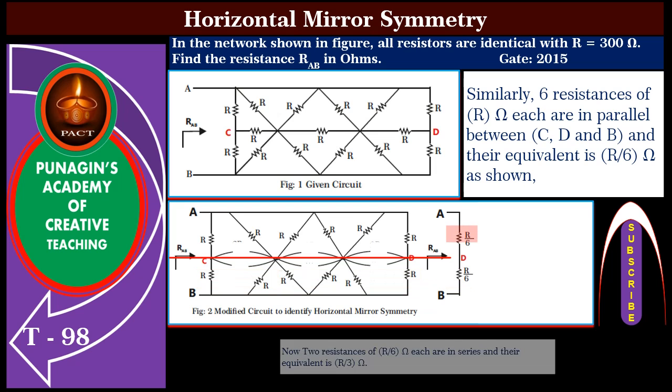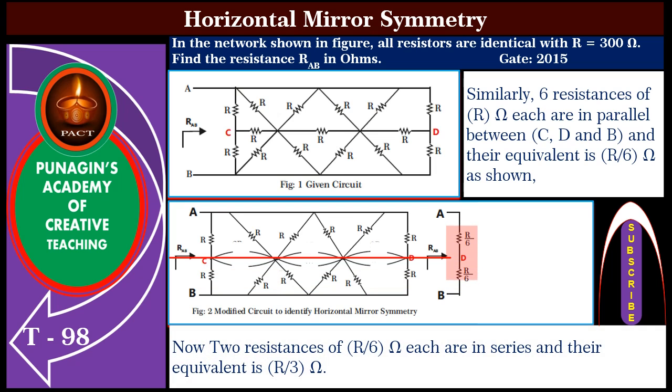Now, two resistances of R by 6 ohm each are in series, and their equivalent is R by 3 ohm. But it is given that all resistances are of 300 ohm, and hence RAB is equal to R divided by 3, and that is equal to 300 divided by 3, and hence RAB we get is equal to 100 ohm.